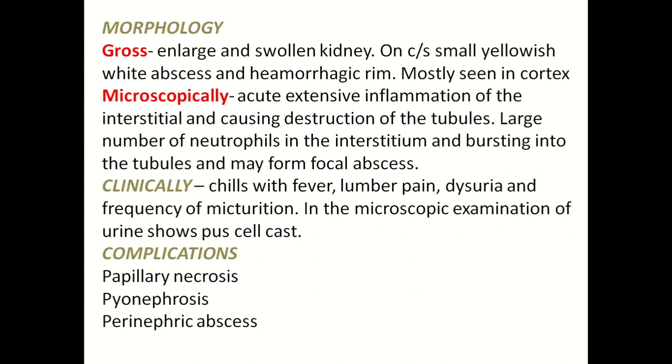There are two parts. One is the interstitium, the main portion, in which there is an acute inflammatory infiltrate of neutrophils, and these neutrophils burst into the tubules, so the tubules are also involved. Clinically, patients with acute pyelonephritis have chills with fever, lumbar pain, dysuria, and frequency of micturition. On microscopic examination, urine shows pus cell casts, because lots of neutrophils in the tubules means pus cells.